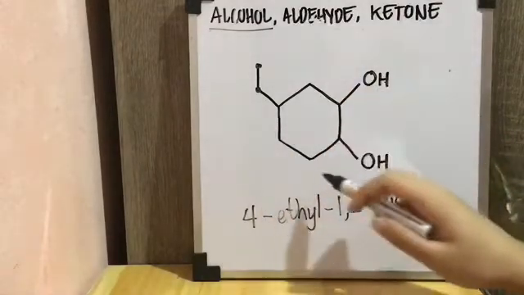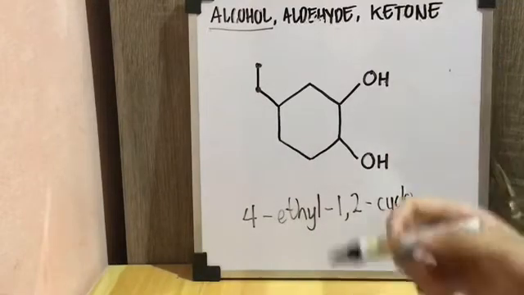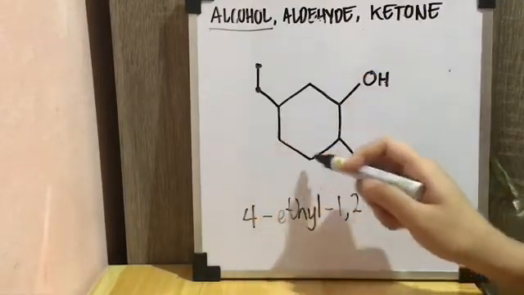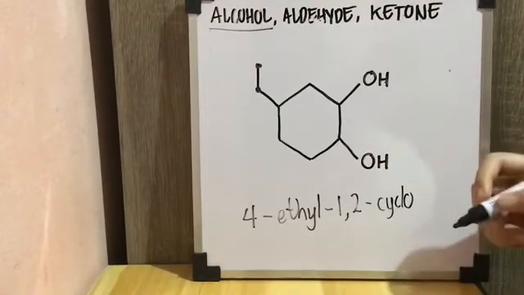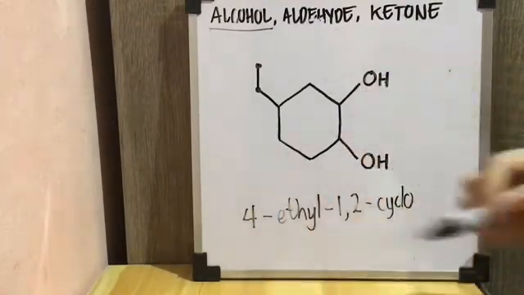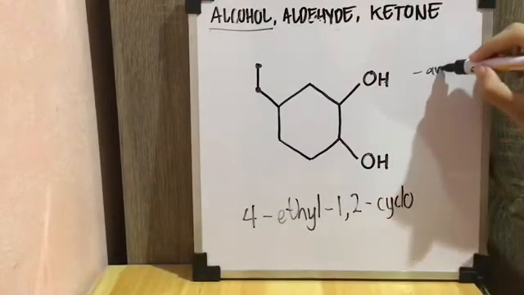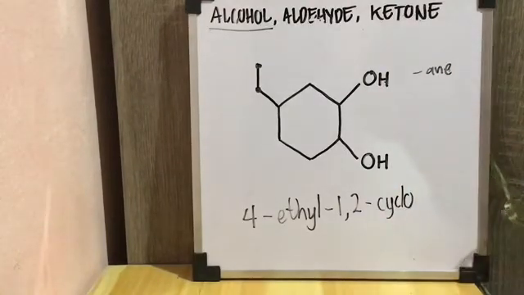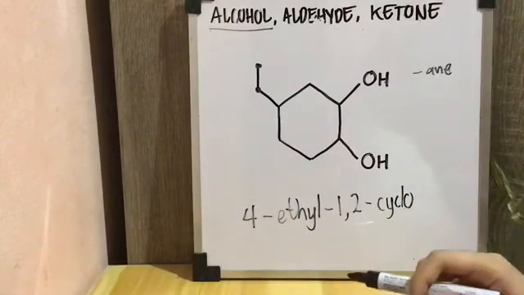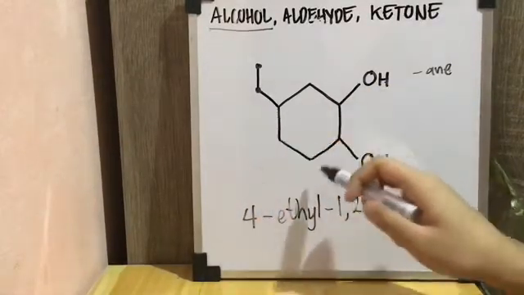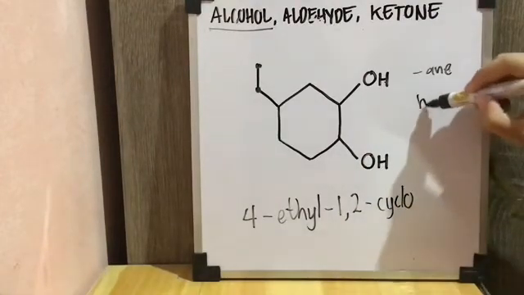And since it is connected by single bonds all throughout, it doesn't have a triple bond or double bond, it's only connected by single bonds, we use ane as our suffix. Keep that in mind, we use ane. And since we have 6 carbons in total in the enclosed structure, there's 1, 2, 3, 4, 5, 6, we use hex as our prefix.